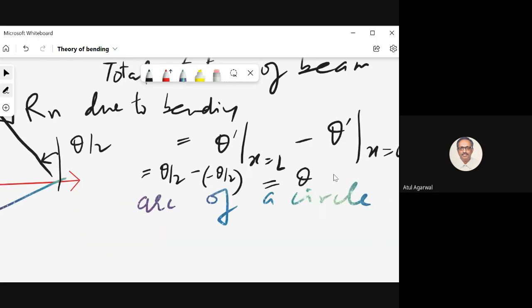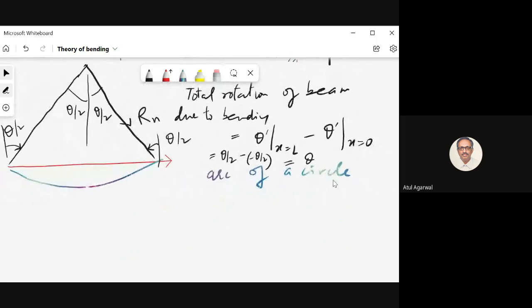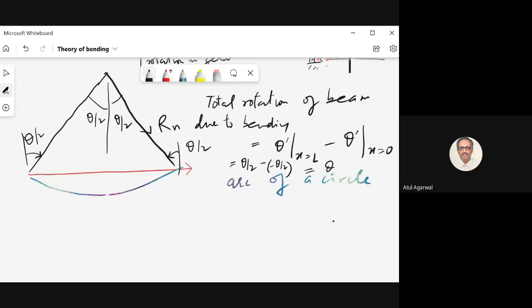Now, external moment: here is M naught, here is M naught. This is counterclockwise, this is clockwise. So what is the external work done?